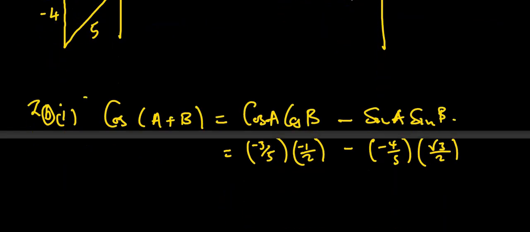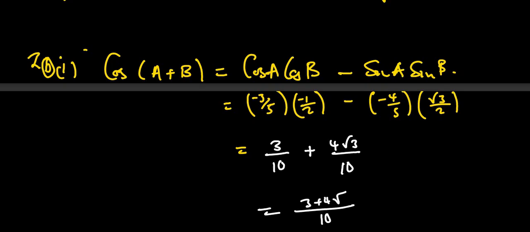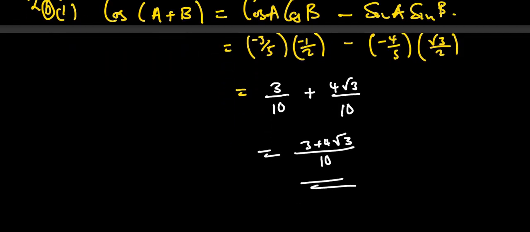So we need to take the correct quadrants because the signs on the ratios will matter, like how cos B is negative because we're dealing with the second quadrant. This is going to be 3 over 10 minus negative and negative, which will end up being positive, 4 root 3 over 10. Common denominator here is 10. We're having 3 plus 4 root 3 over 10. This is your answer for cos of A plus B.